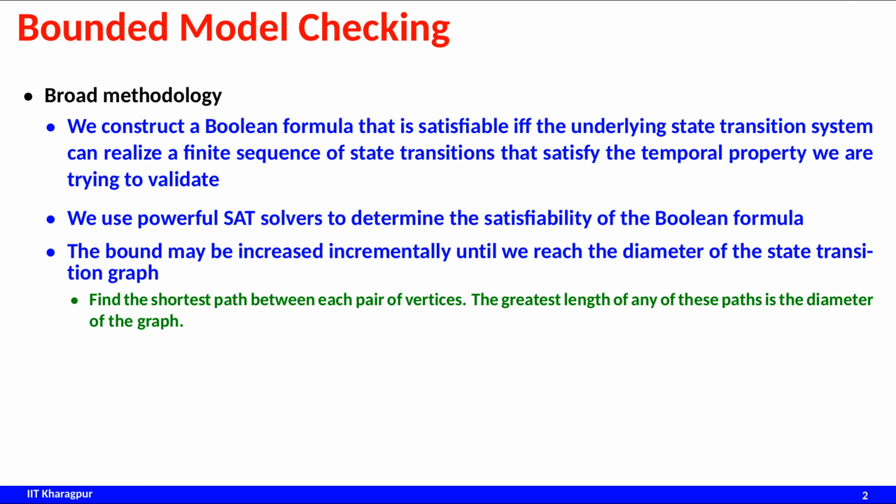So the broad idea for bounded model checking is that we construct a Boolean formula which is satisfiable if and only if the underlying state transition system can realize a finite sequence of state transitions that satisfy the temporal property we are trying to validate.